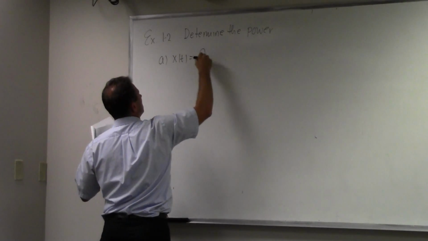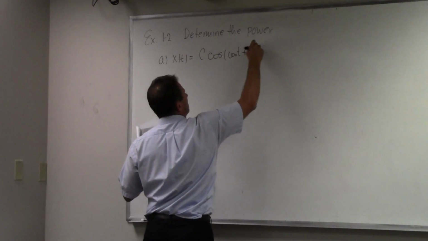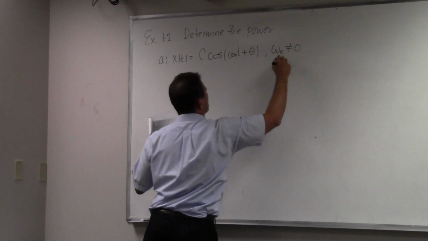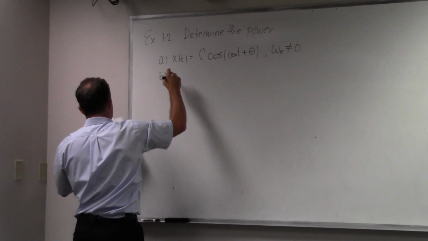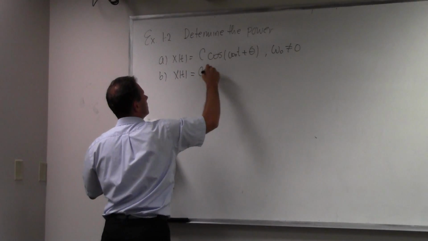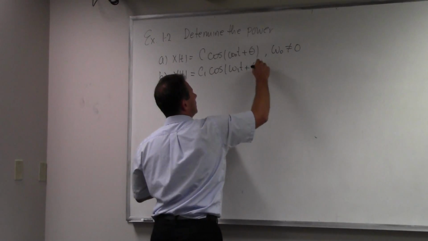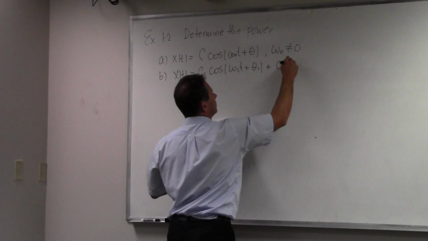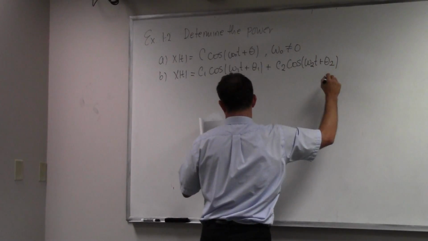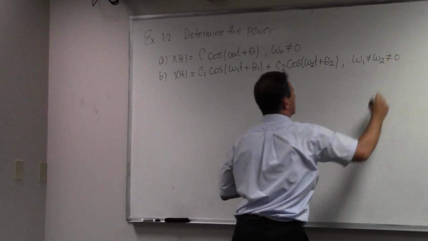First one, x of t is c cosine of omega 0 t plus theta, where omega 0 is different than 0. Signal B: x of t is c1 cosine of omega 1 t plus theta 1 plus c2 cosine of omega 2 t plus theta 2, where omega 1 is different than omega 2, and both are different than 0.